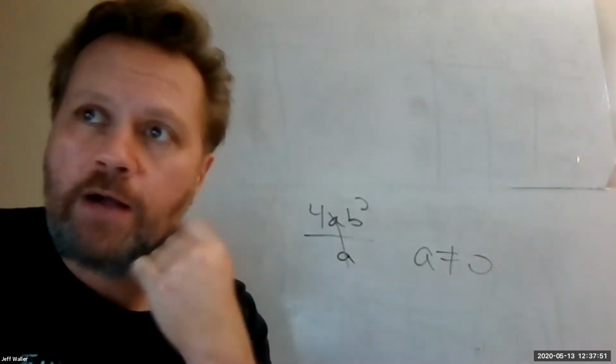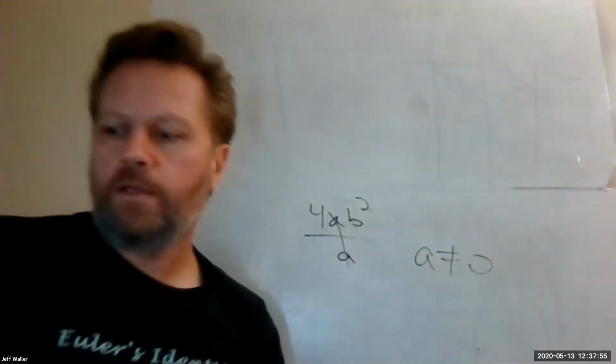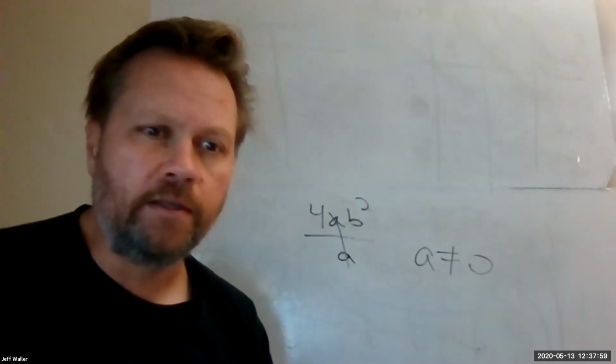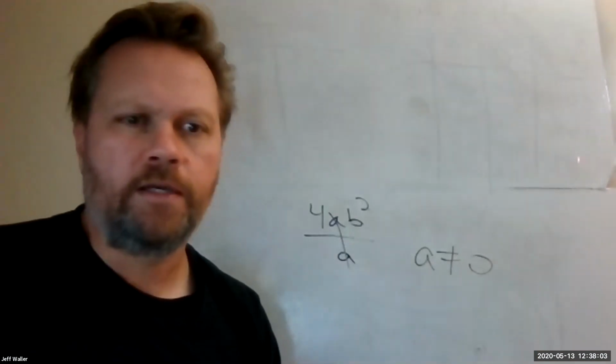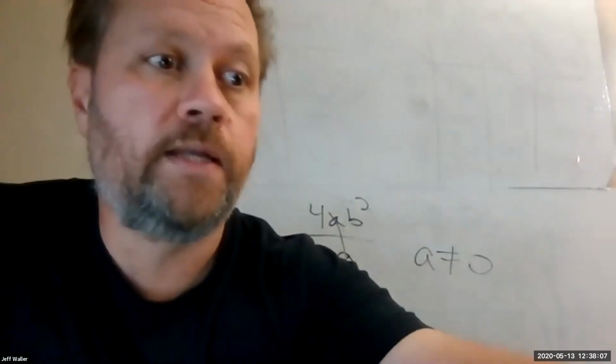I promise you I'll throw it up on Canvas later. We're not going to have a quiz on that unlike denominator stuff until next week, if I remember correctly. So we got a little bit of time, right? But still, it'd be nice to have that. So let's get back into where we were.